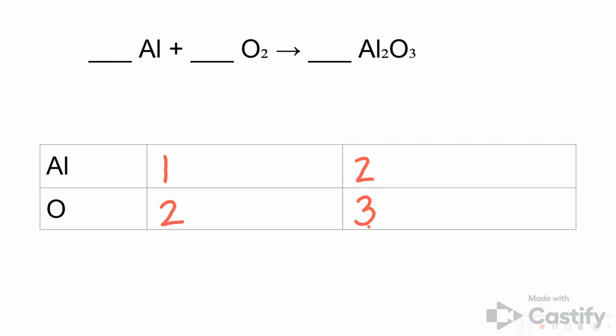So we need to get this odd number to an even number. We're going to multiply this by 2. Now that gives us 4 aluminum, 6 oxygen. To balance this out, we're going to multiply this by 3, so we have 6 oxygen now here. And we're going to multiply this by 4. So now we have 4 aluminum here, 4 aluminum here, 6 oxygen here, and 6 oxygen here.